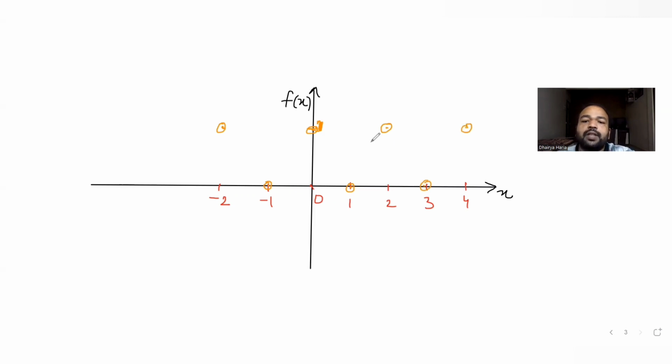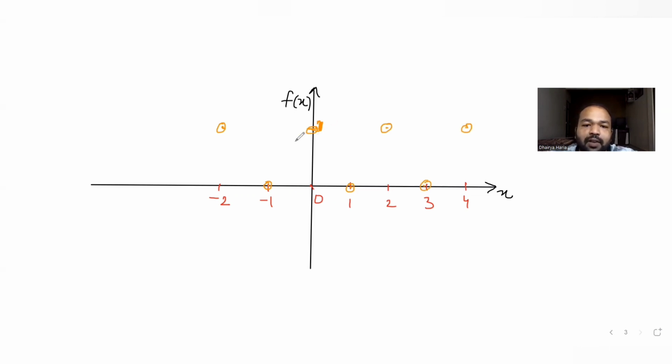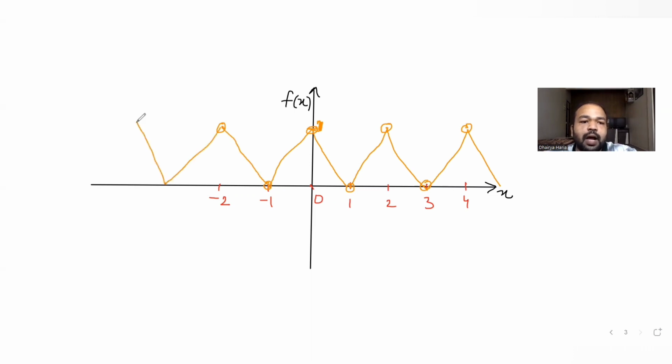So what I understand here is I get these points, and since all of these are equations of line, these are the straight lines that we have here. So if I have those straight lines, this is how your graph looks. So I understand this is nothing but a periodic function, because f of x becomes a periodic function here.